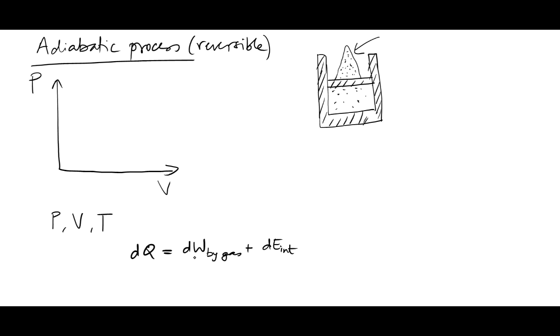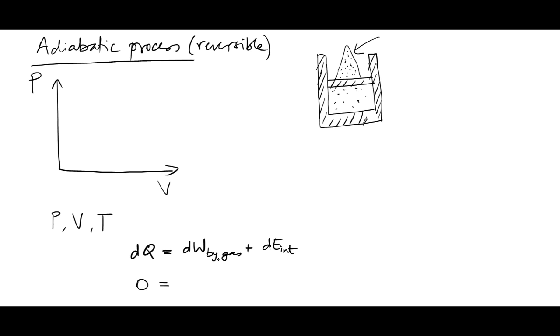So in the differential form, the first law is written as follows: dQ, which is the small amount of heat supplied to the gas, is the work done by the gas on the surroundings plus the change in the internal energy of the gas. Remember, we are describing a small step of an adiabatic process, and because of that, you know that dQ, the heat provided to the gas from the surroundings, must be equal to 0.